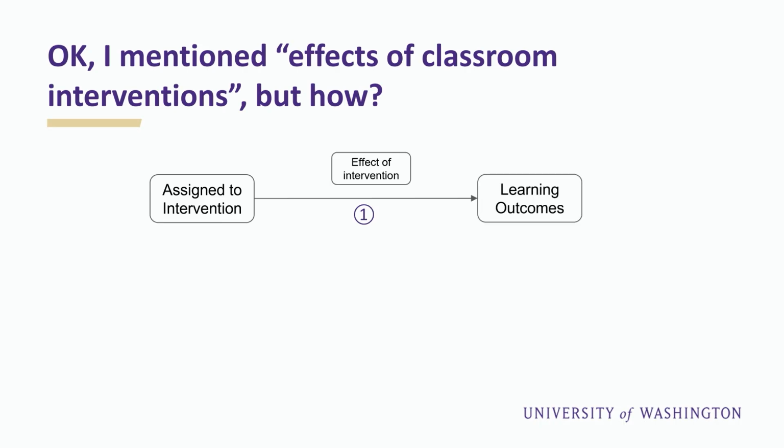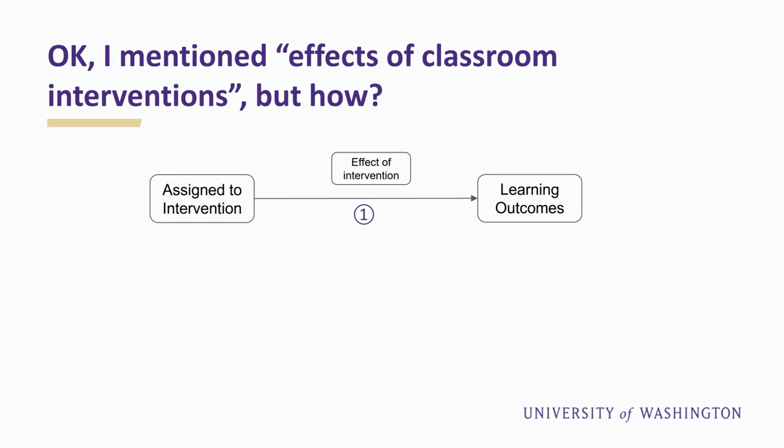So if a student is assigned into an intervention group, we would expect some changes in their learning outcomes. And if a student is not assigned to the intervention group, then we won't expect anything from this intervention to happen to that student. From this diagram, it could be as simple as subtracting their pre-score from their post-score, or it could be as simple as a t-test.